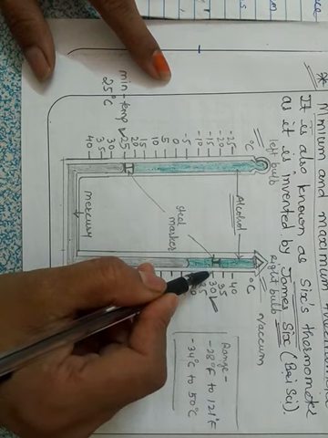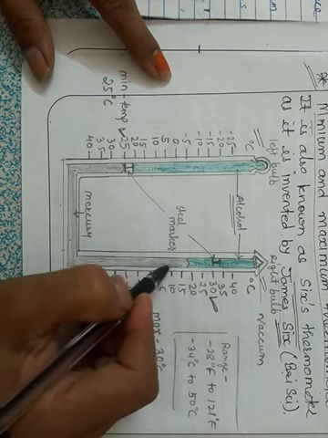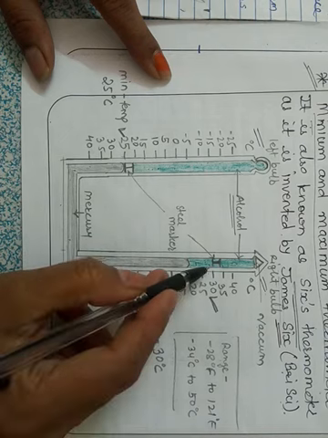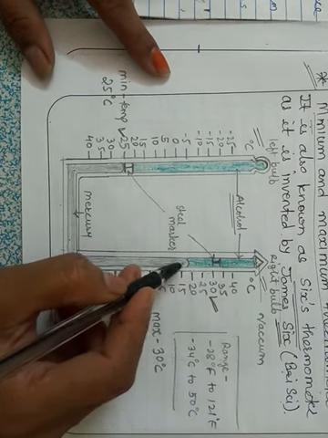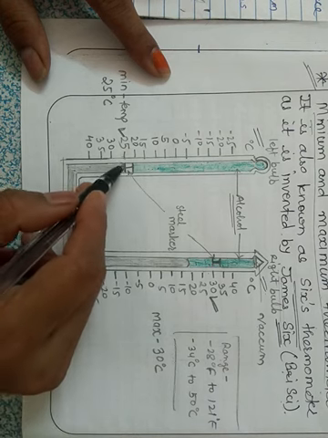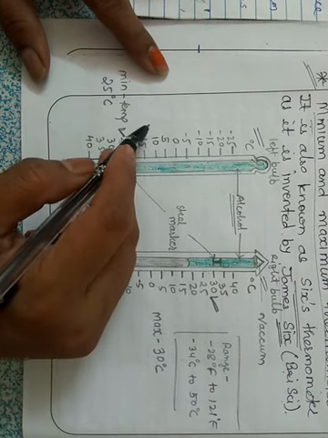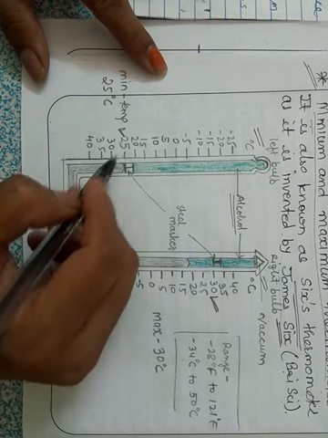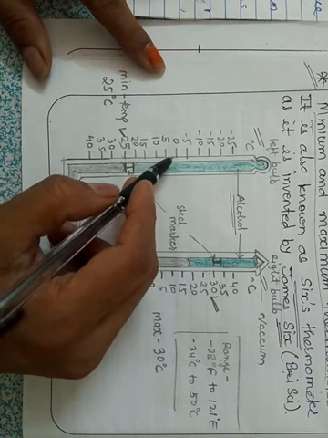This is the highest temperature of the day, and as this temperature falls, this mercury level will fall and it will rise in the minimum temperature column this side.